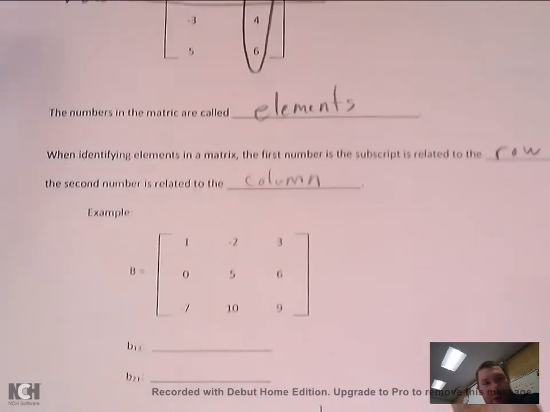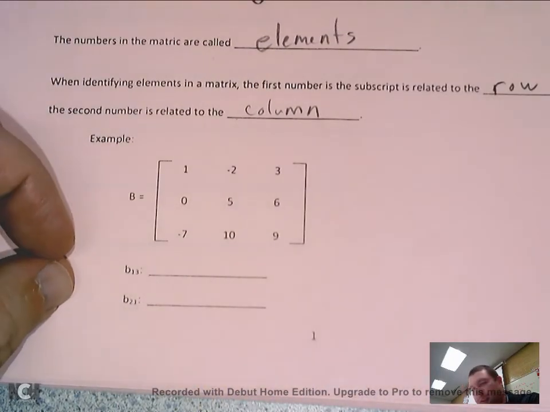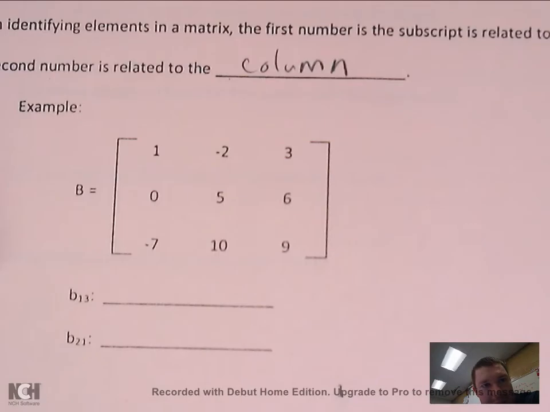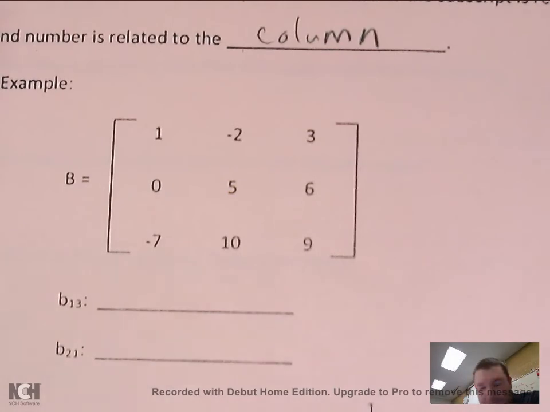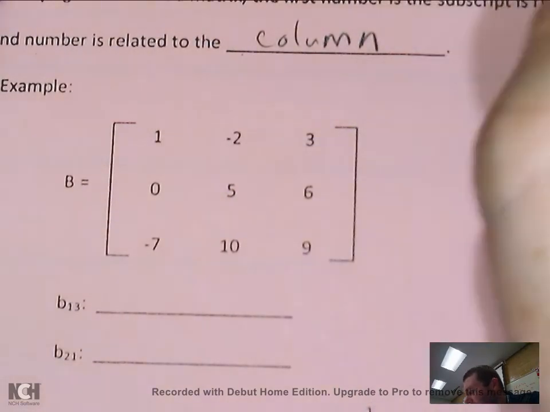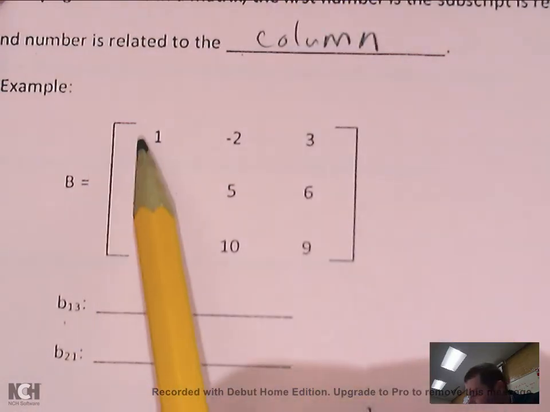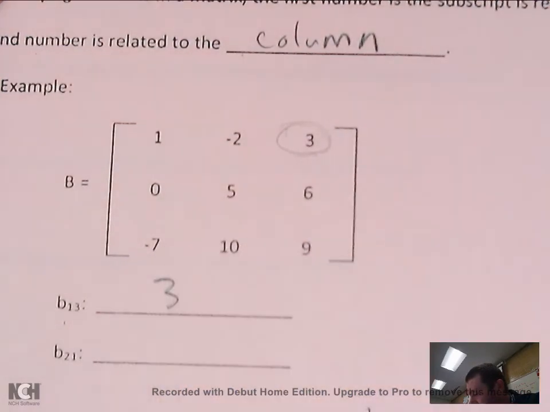So if somebody gave me this matrix here, for example, and wanted me to find the element B13, that is B13, it's not B thirteen. So what it is saying is that is the element that is on the first row in the third column. So I'd go to my first row, third column, B13 is 3. Okay, that's how I identify that element.